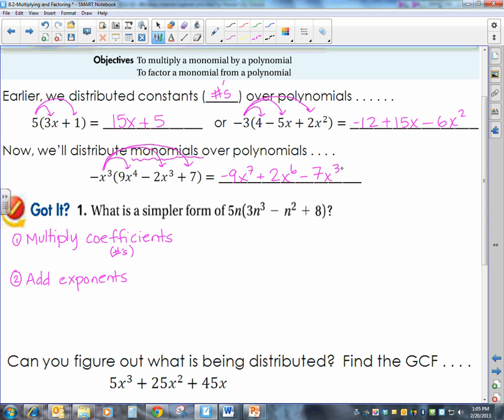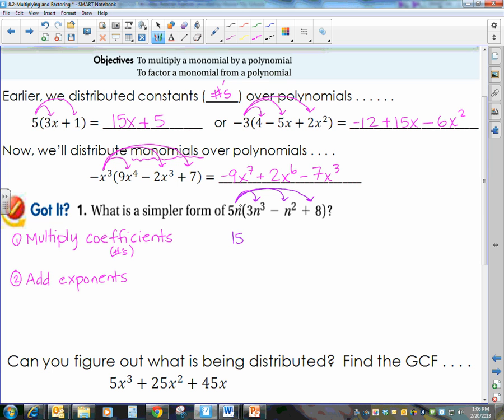So let's try another one. We have 5n times the quantity of 3n cubed minus n squared plus 8. We have to distribute everything on the inside is going to get what's on the outside. That's our salt over our chips. So 5 times 3 is 15. We have an n here.